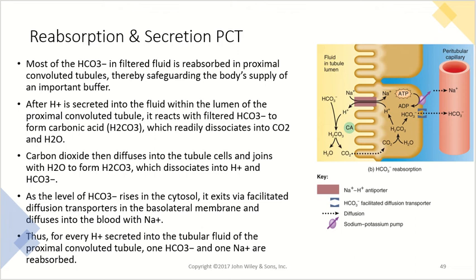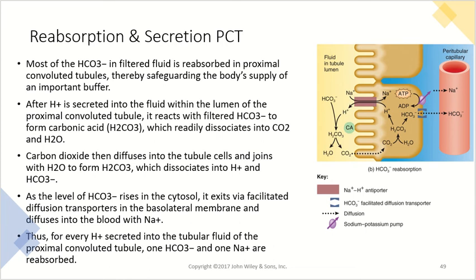This is going to readily then dissociate into CO2 and water. The carbon dioxide is then going to diffuse into the tubule cells and is going to join with the water to form the carbonic acid, which is then ultimately going to dissociate to produce hydrogen ions and bicarbonate.